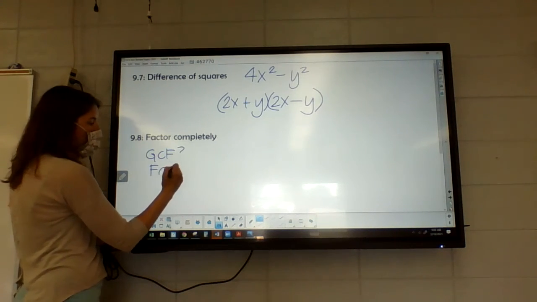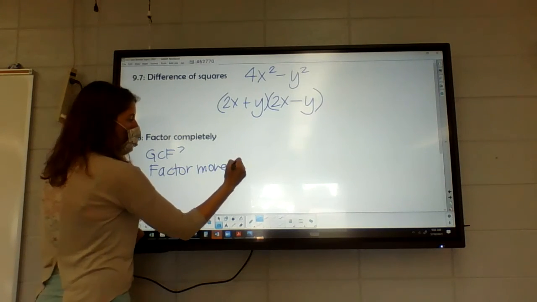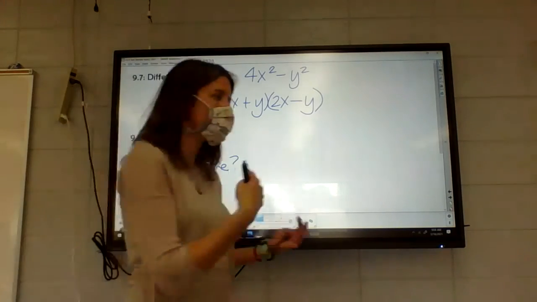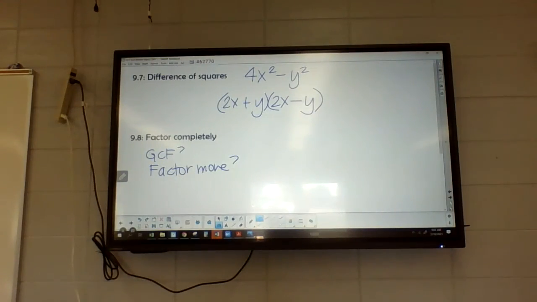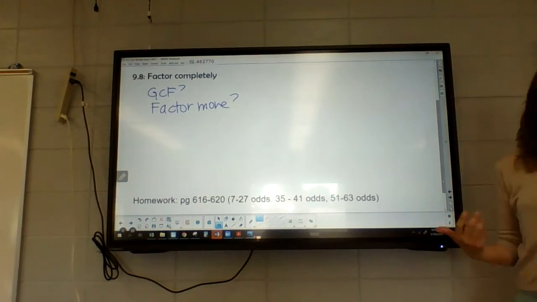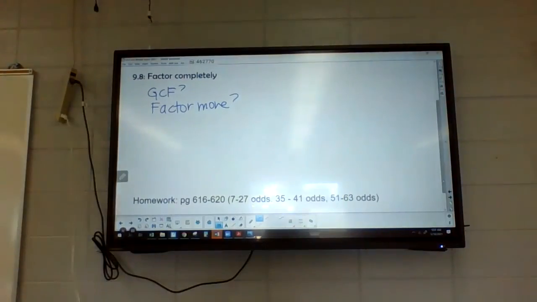Try factoring any further. So kind of looking for, can I factor anything else out? Is this a difference of squares? Whatever it happens to be. Okay? So, homework is listed here for you guys. Obviously, look over the chart, make sure you guys are ready to go on all types of problems.